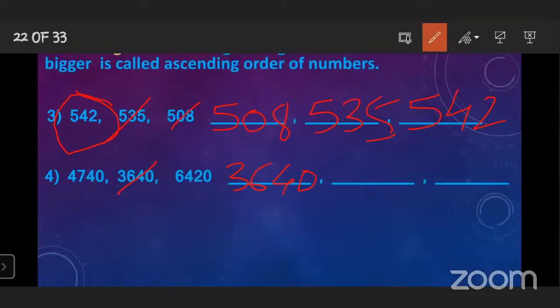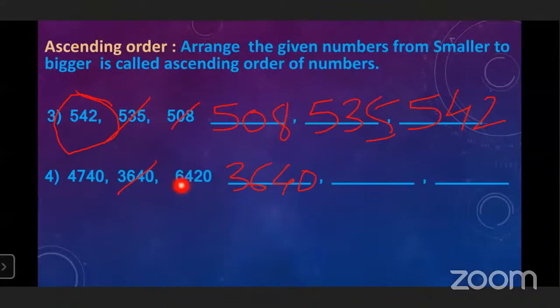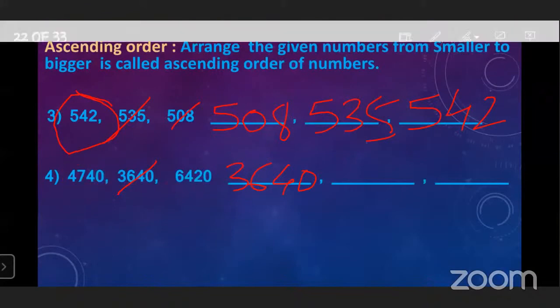Now two numbers are remaining, so we have to compare those two numbers with one another. Here also you have to use the same technique. See the higher place. This number has 4 and this number has 6. So 4 or 6? 4 is smaller.